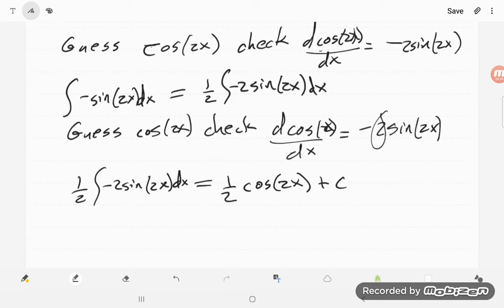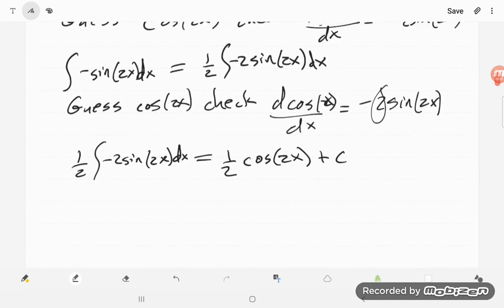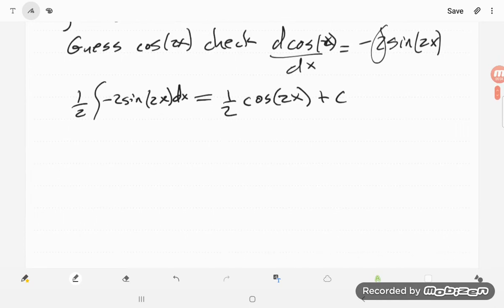But there are times when it just gets more complicated, so we'd like to have a little more formal and stable method to do this sort of thing.